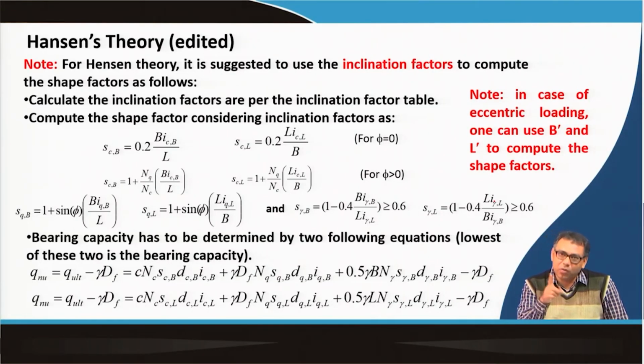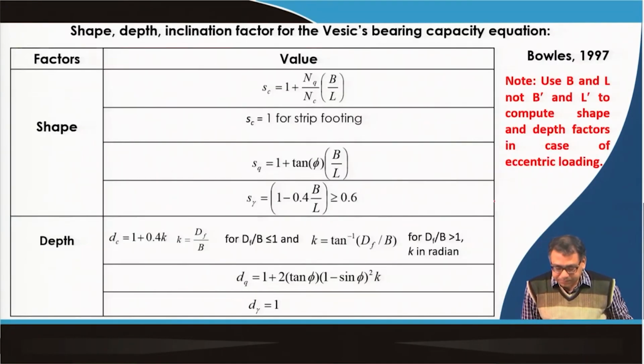We have to go for only one set, that is SCB, but this modification is a must. If the loading is inclined, or the horizontal load is parallel to L or B, you have to modify the shape factor. If HL is not equal to 0, then we go for two sets, and if HL is equal to 0, then you go for one set.